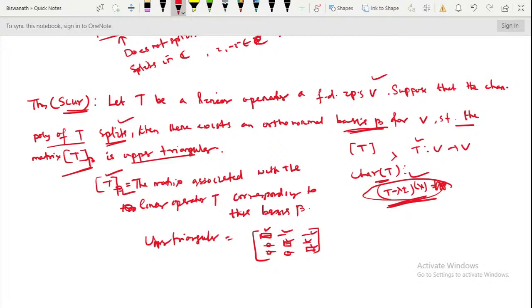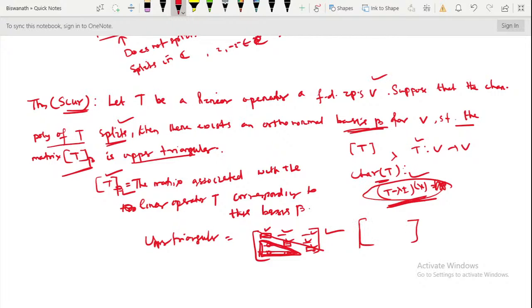But the elements present below the main diagonal, these things are 0. Then this will be an upper triangular matrix.